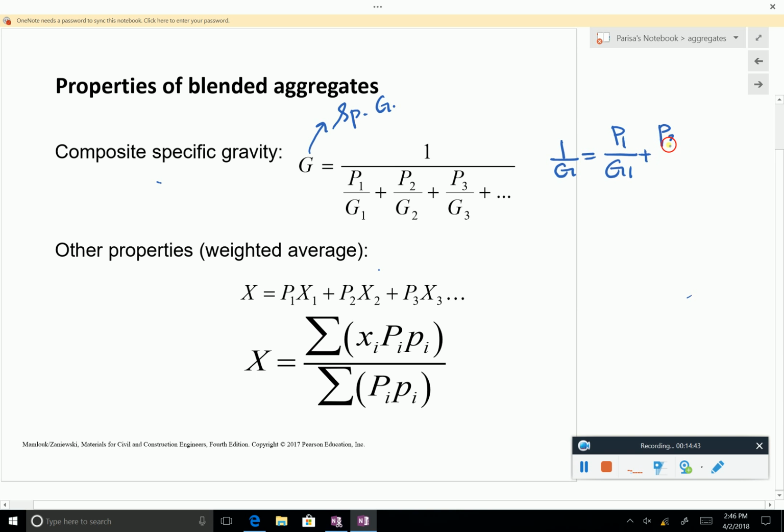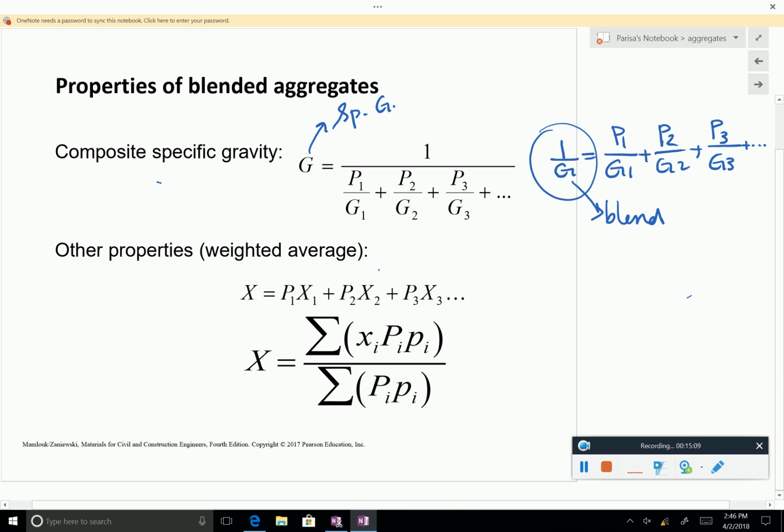So for specific gravity, if you have fractions P1, P2, P3, these are volumetric fractions or weight fractions, and the specific gravities are G1, G2, G3, then for the blend, the specific gravity is obtained like this.